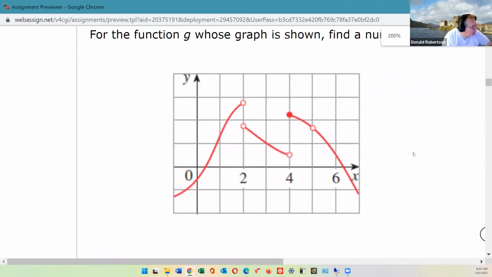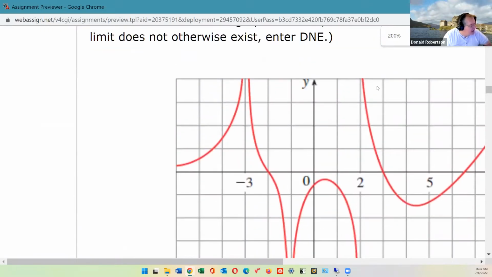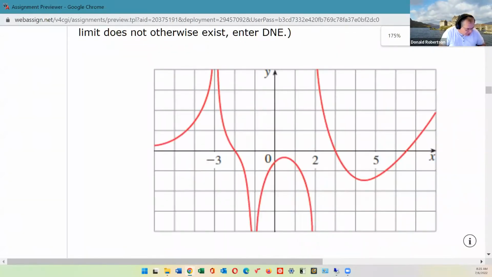And I think we're good with that one. This one's nothing special, so I won't pay any attention to it. Now we are moving on, I'm going to have to shrink this, to left, right, and overall limits involving vertical asymptotes. Remember fractions from 141, vertical asymptotes.